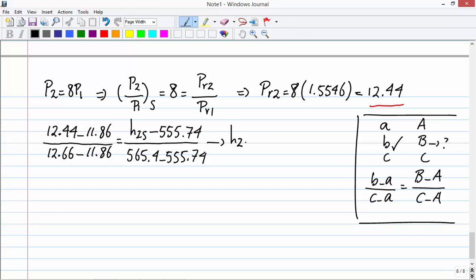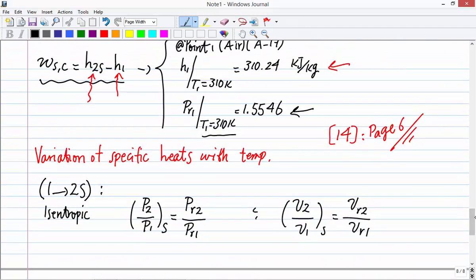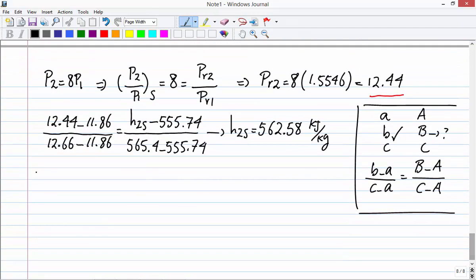Therefore, H2S would be 562.58 kilojoule per kilogram. Now I can solve for WS, the isentropic work for the compressor, which was H2S minus H1. H2S is right there, and H1, based on the table, was this.